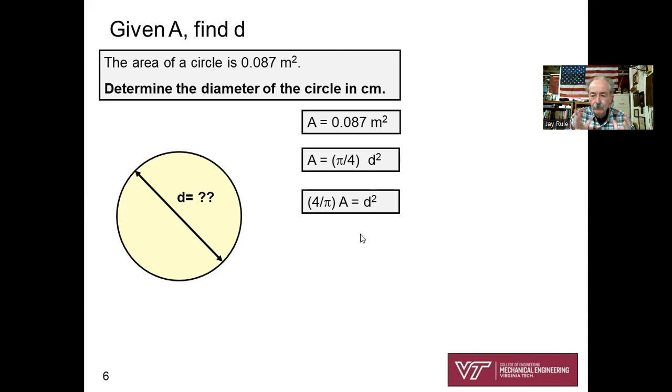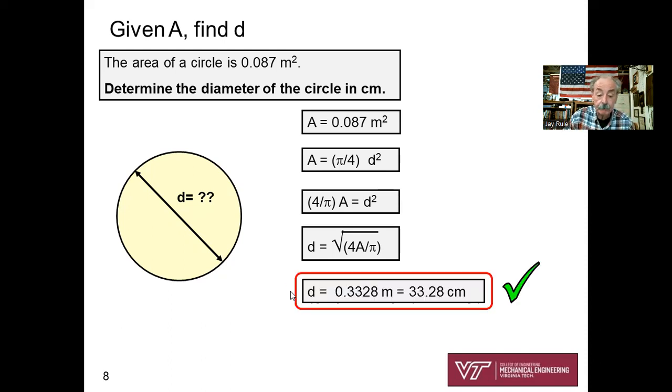So the next step, multiply both sides by 4 over pi to cancel out the pi over 4 on the right-hand side. Then we'll solve for d. We'll take the square root of both sides, flip d over to the left-hand side to say d is the square root of 4A over pi. Pretty straightforward. And you would show those steps as you go along in your solution.